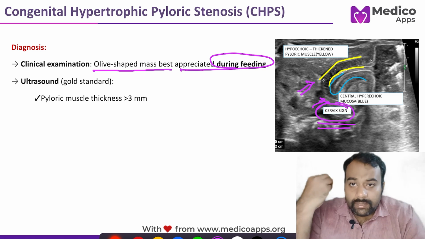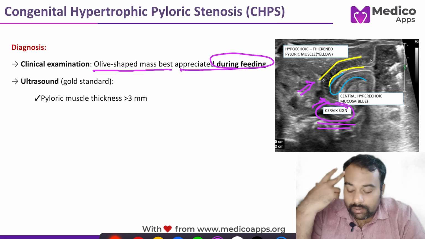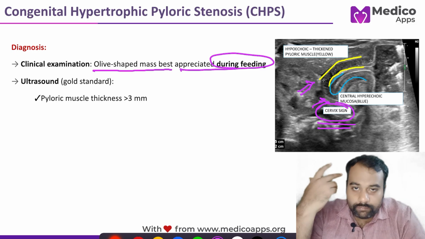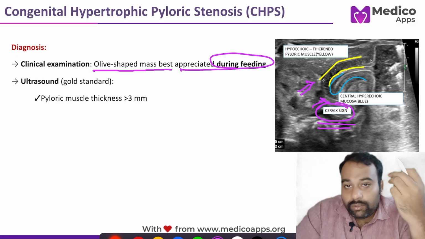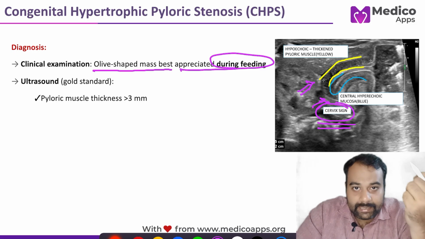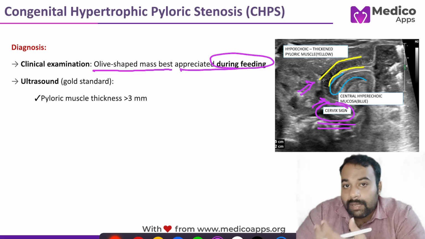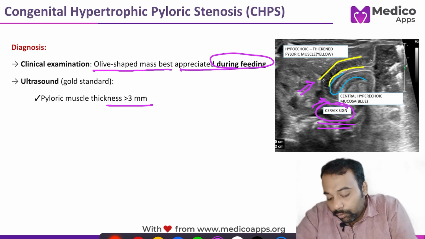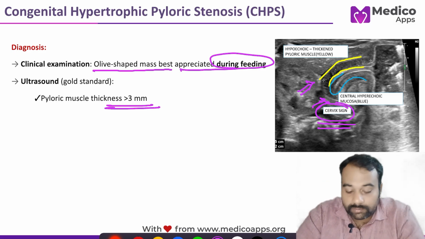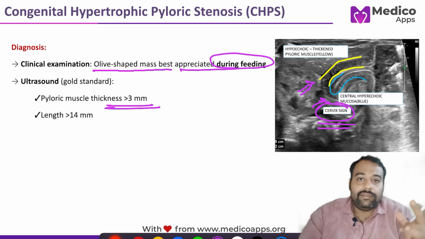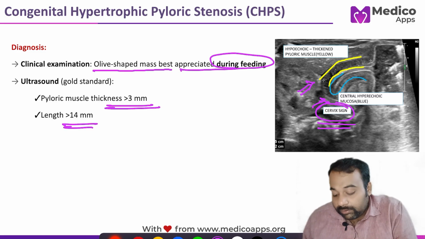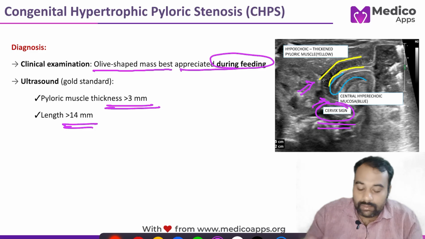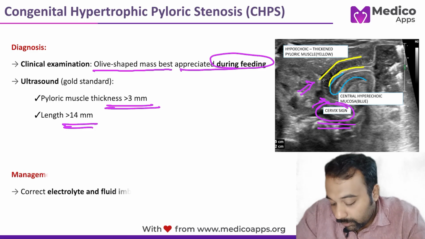Regarding diagnosis, while doing the ultrasound, we try to see two specific criteria. One is the pyloric muscle thickness: a thickness of more than 3 millimeters is strongly suggestive of the disease. And the length of the pylorus, when more than 14 millimeters, again suggests the diagnosis.